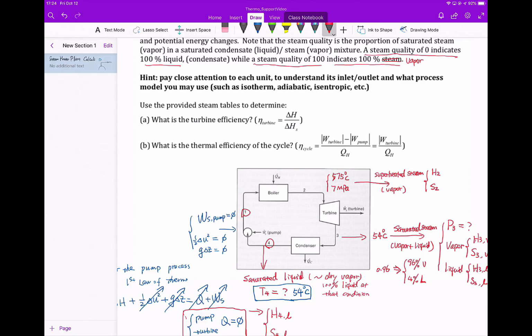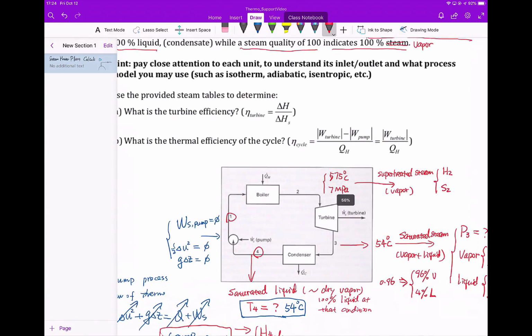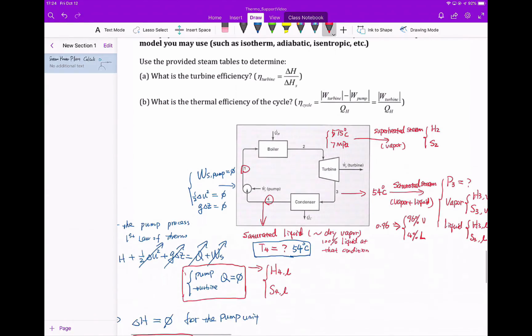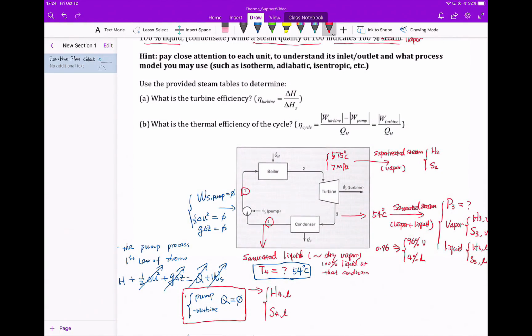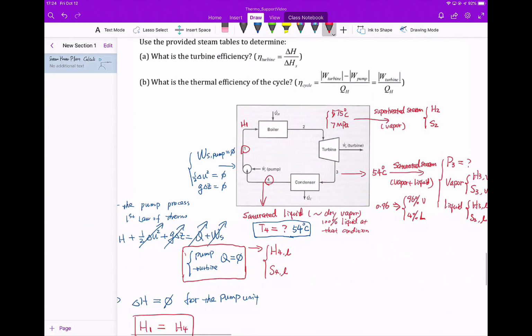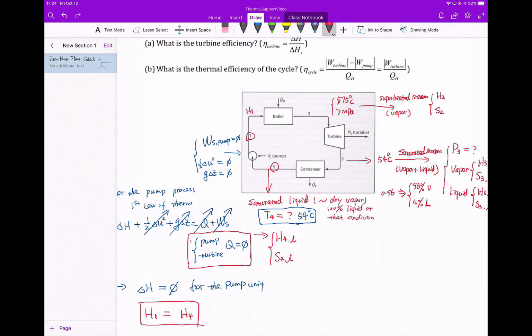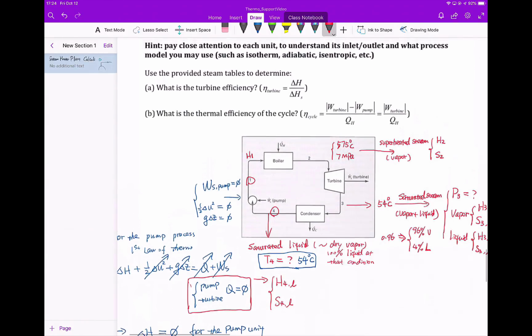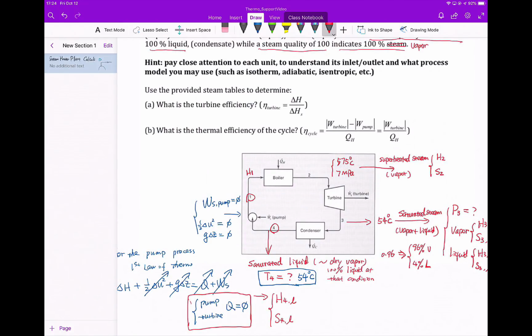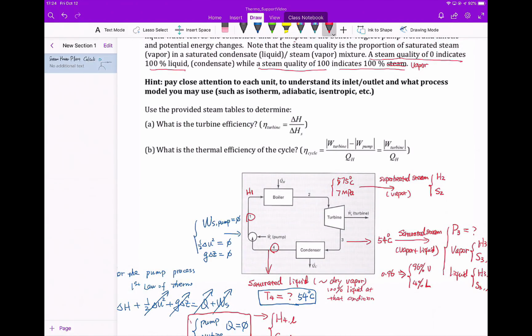So we also need to calculate what would be QH for the boiler. Here, for example, if we take a look at this QH, I have some understanding of the H1. For example, this is H1 from the H4 calculation, and H4 we probably need to use the steam table to figure it out, and then I know what is H2.